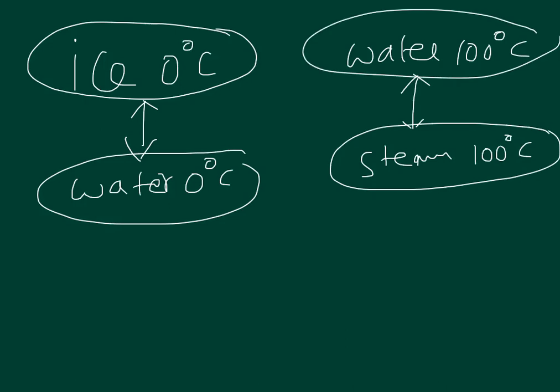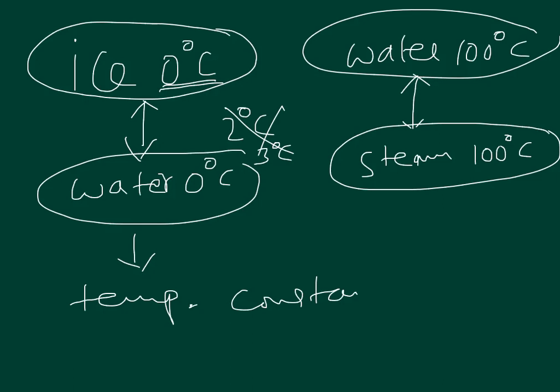The problem is we can't convert ice at 0 degrees to water at 2 or 3 degrees centigrade. During conversion from one state to another, from ice to water or water to ice, the temperature is constant. So temperature remains constant during change of state, either water to steam at 100 or steam to water at 100.